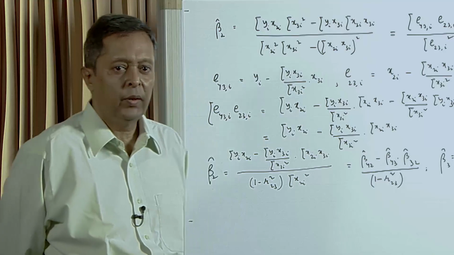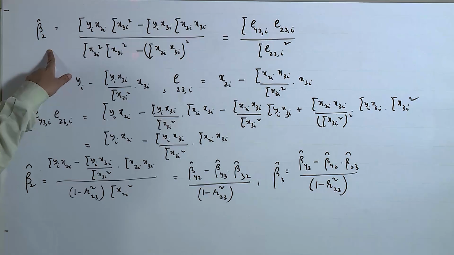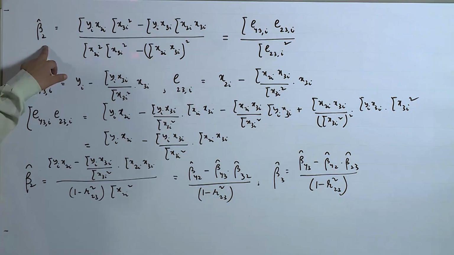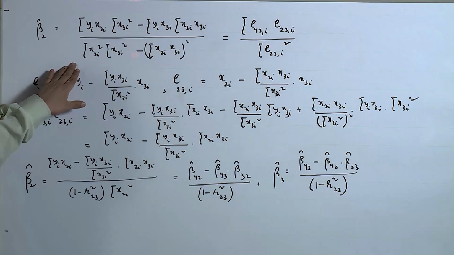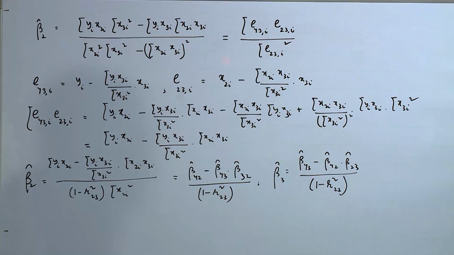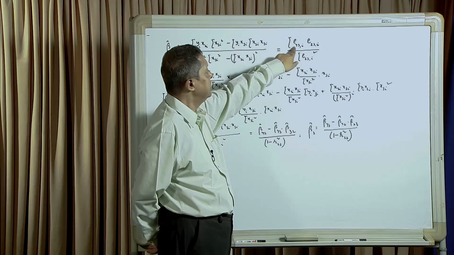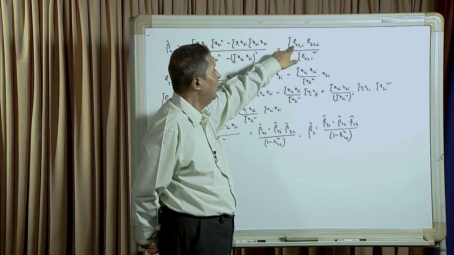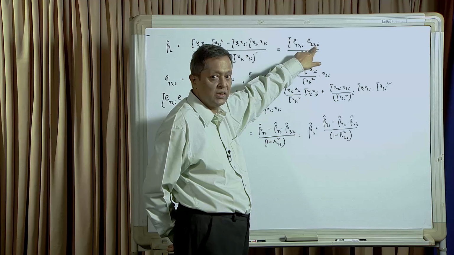Now, viewers, we will take a look at beta 2 hat and how we can arrive at beta 2 hat from simple regressions. Beta 2 hat from the multiple regression is given by this expression with which by now you are very familiar. But the same expression will come out when we regress pure y, that means y which does not have the effect of x3, only has the effect of x2, on pure x2, that means x2 which does not have the effect of x3.